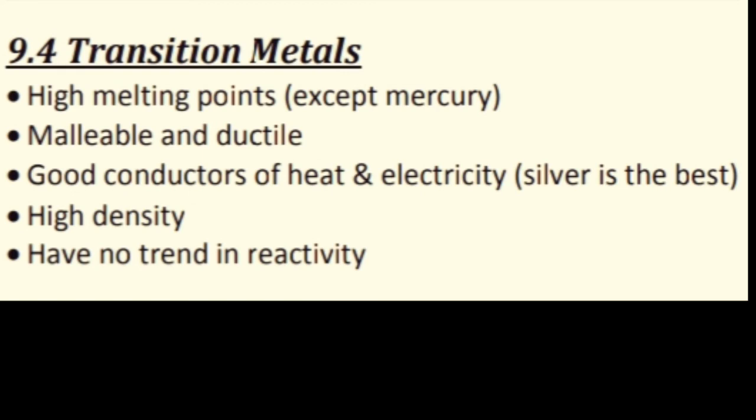So here we discussed transition metals. Transition metals are D block elements. Most of the transition elements are metals and solid state, except mercury, which is liquid at room temperature. These elements have high melting and boiling point. They are good conductors of electricity.